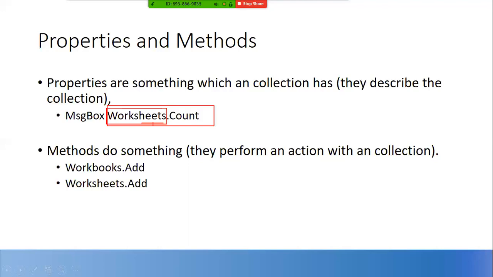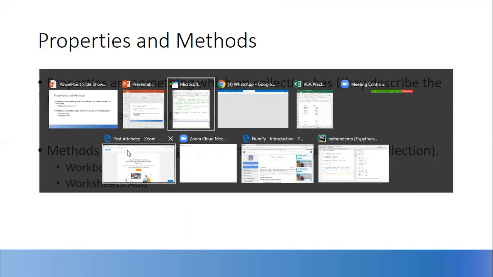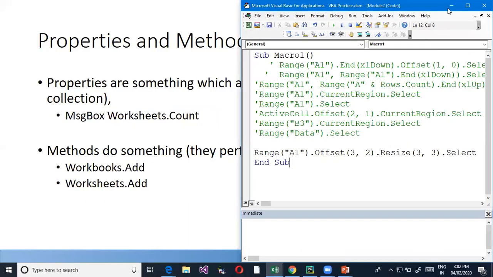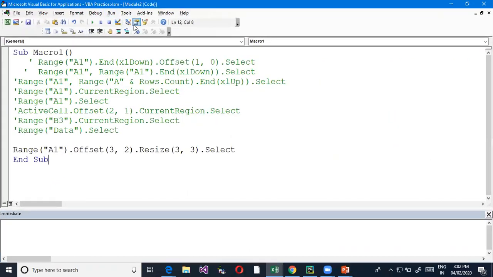Now when I say using the object of the class, we try to access the members of this particular class. To show that class, in the previous session we used the object browser, if you remember.